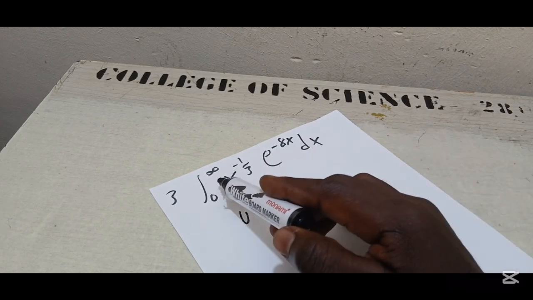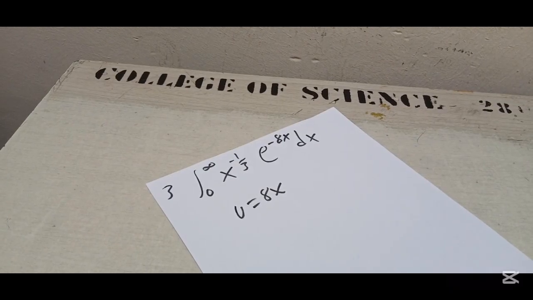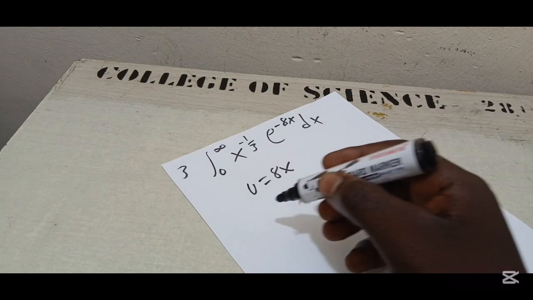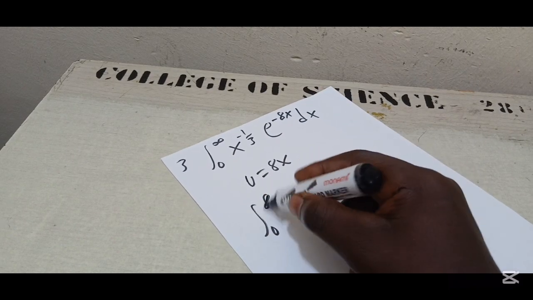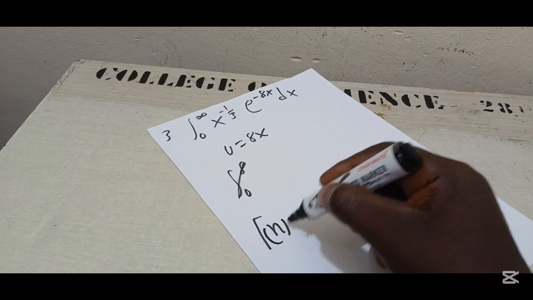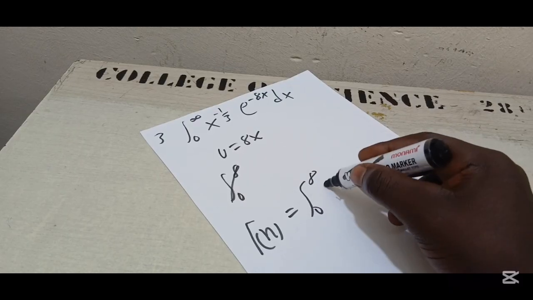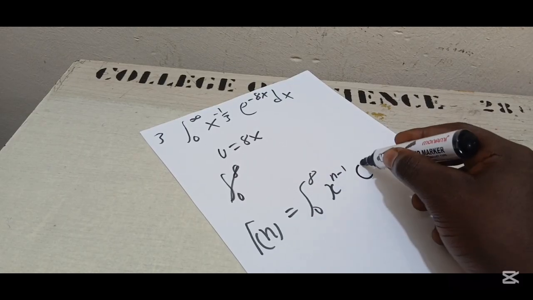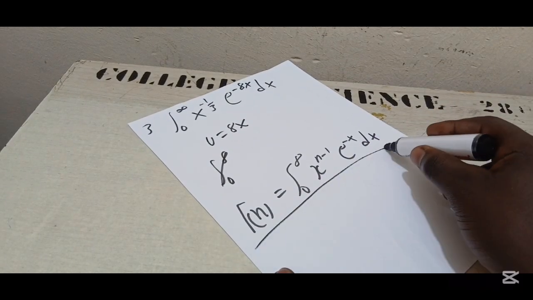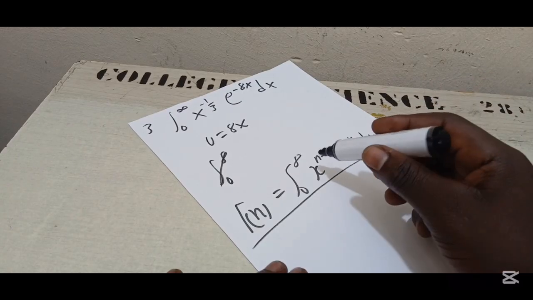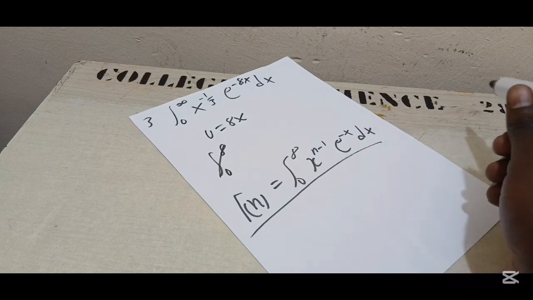When you're done, you substitute those values in this and you simplify it further up to a point where you get a term which is similar to the general gamma functions formula: integral to infinity of x to the power n minus 1, e to the power minus x dx. If you get to a point that you get something like this, then you are good to go to compare exponents. Then look for your gamma and simplify it.